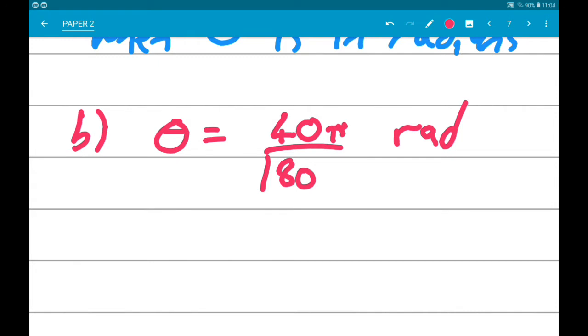So, that's going to give us 4 pi over 18, so 2 pi over 9.